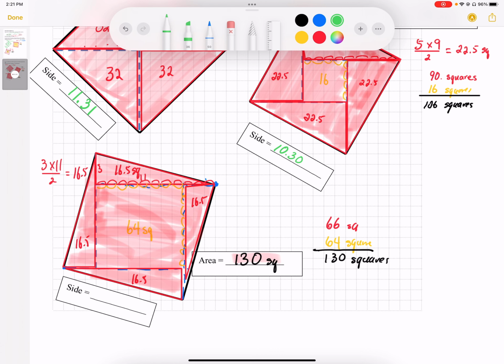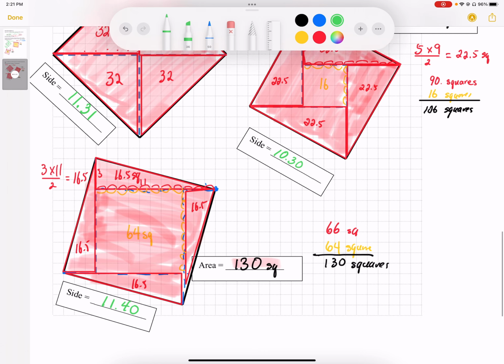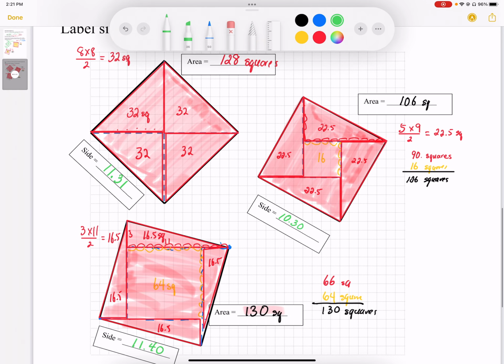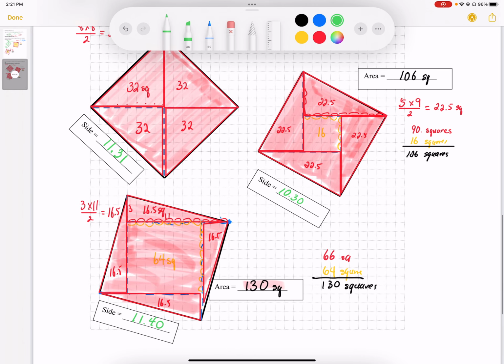And then to find the side length, going from area to side length, we square root. So that side length works out to be 11.40. Just a little bit longer than the first square because it has just a little bit more area. That one had 128, this one had 130.